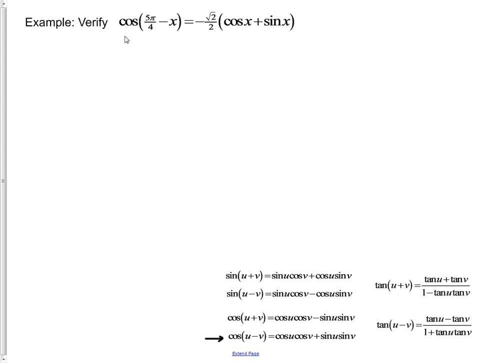If we use the formula for cosine of u minus v on the left-hand side, we can rewrite this expression, and we're going to find that this would be the same thing as taking the cosine of 5 pi over 4 times the cosine of x added to the sine of 5 pi over 4 times the sine of x.